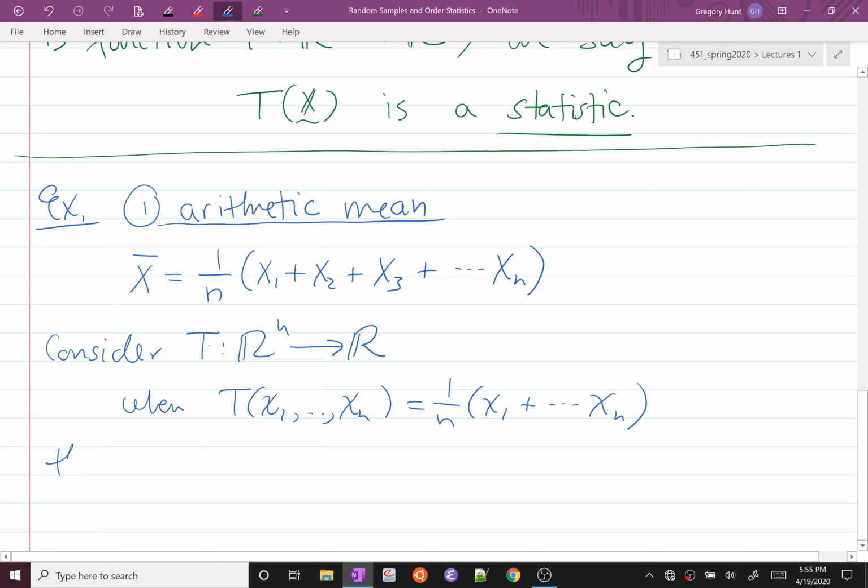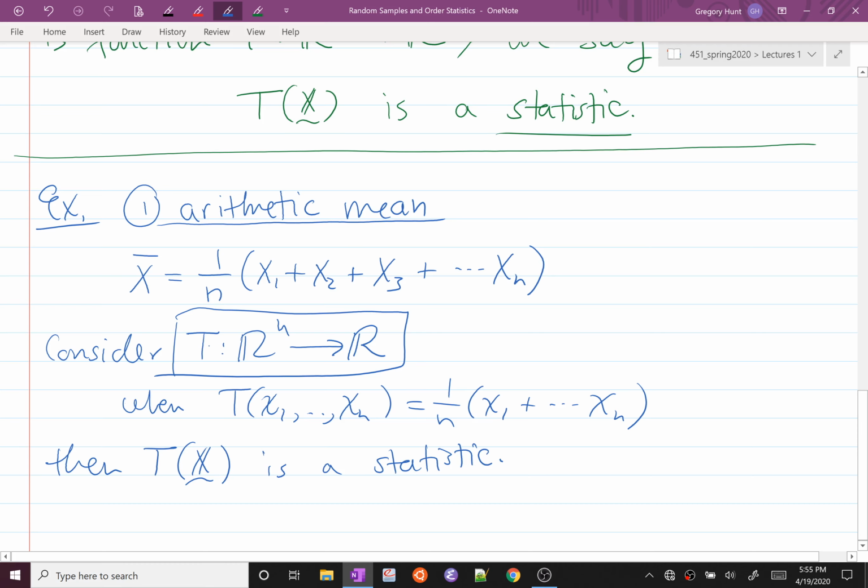Then t of x, where x is a random sample, is a statistic. So statistics are more or less functions that summarize the random sample.